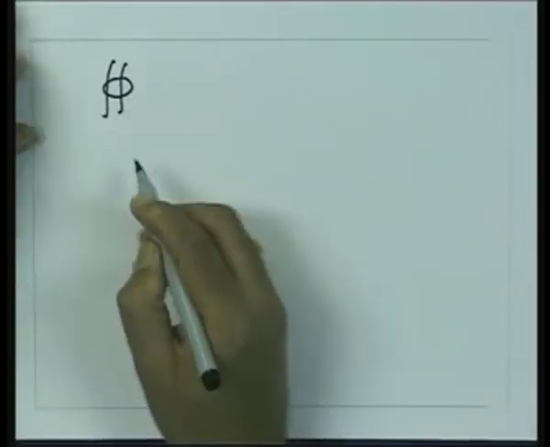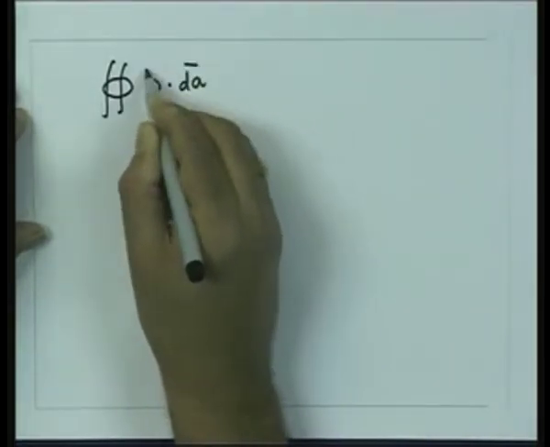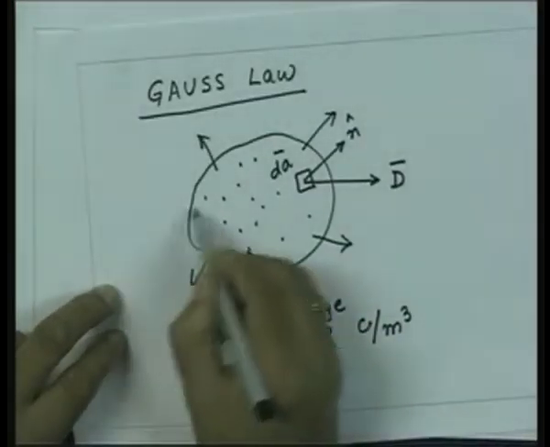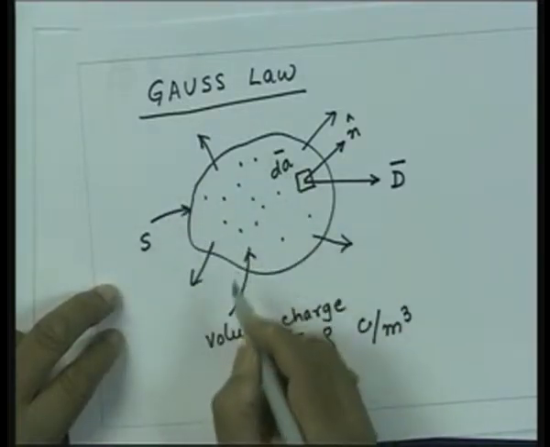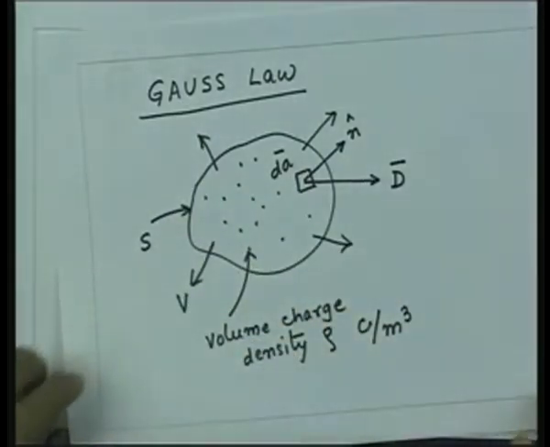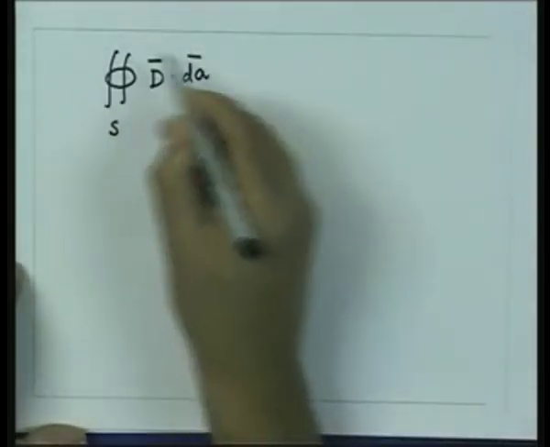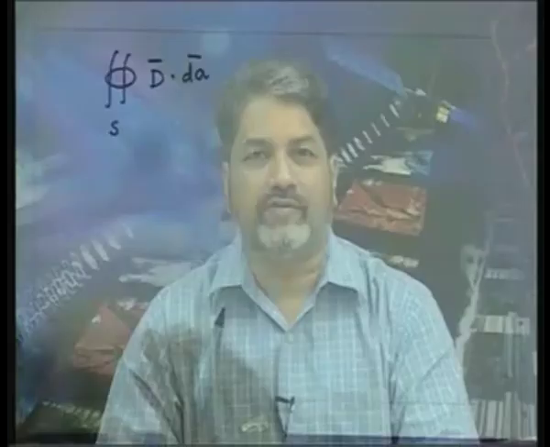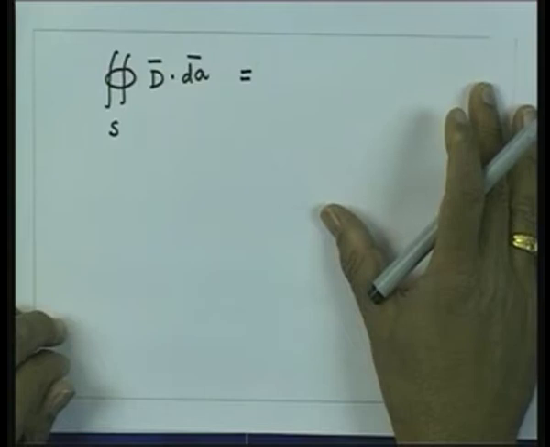So, I can write the closed surface integral of D dot dA, where this surface is denoted by S and this volume is denoted by, let us say, V. So, this quantity represents now the total outward displacement from this closed surface. From the Gauss law, this is equal to the total charge enclosed by the surface.